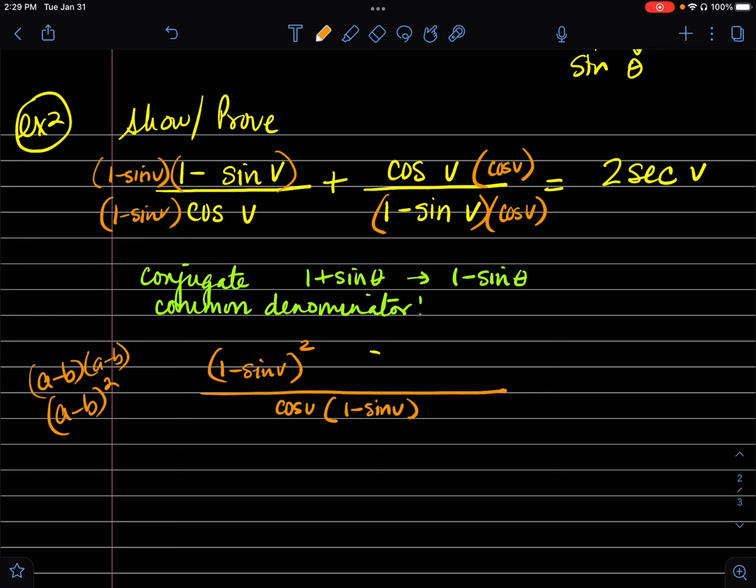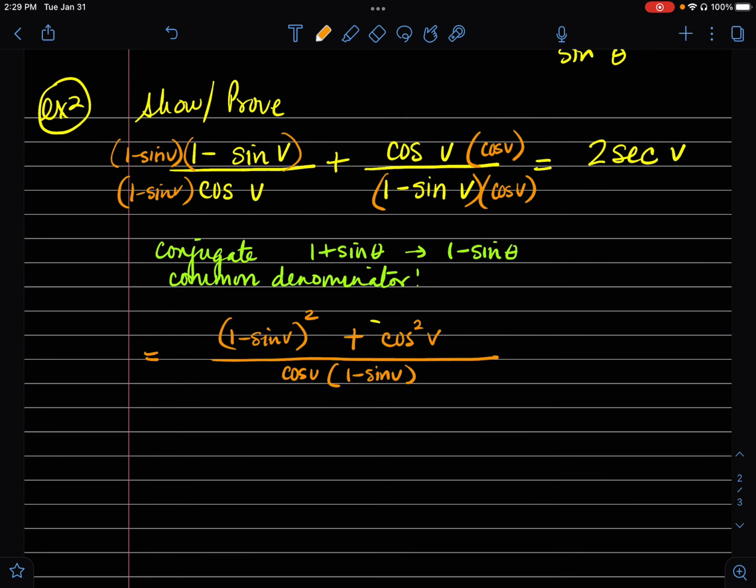That's exactly what we did. Then on the other side, the plus, we have cosine times cosine, which is cosine squared v, not v squared. So that's how far we've gotten. Now I also need to remind you on the side, a connection with algebra here.